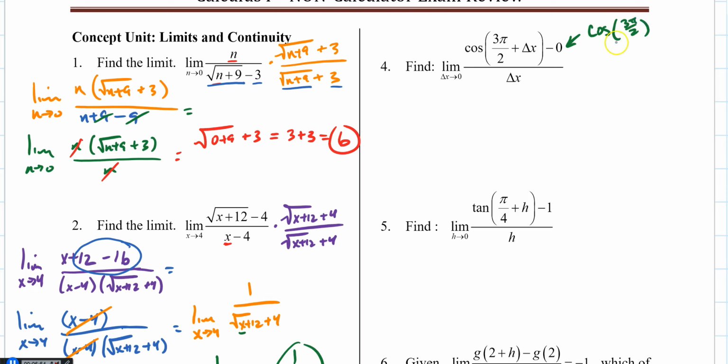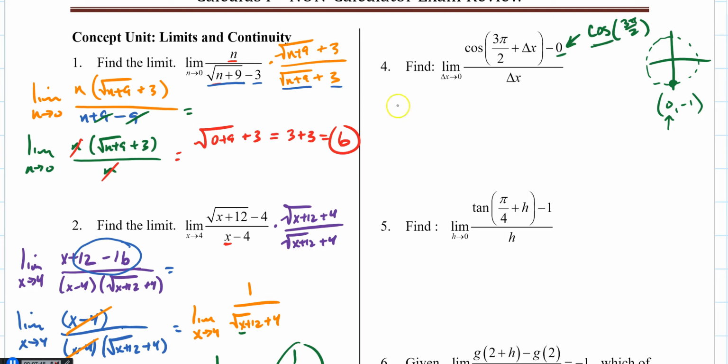Well, if we think about it just for a second, what is the cosine of 3 pi over 2? Well, 3 pi over 2 is right here on our unit circle, and that ordered pair is 0, -1. Cosine is my x value, so really that minus 0 is the cosine of 3 pi over 2.